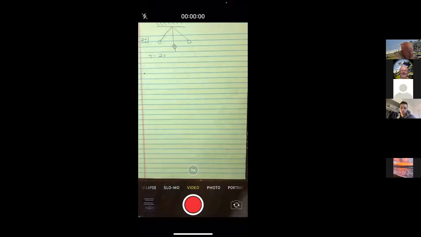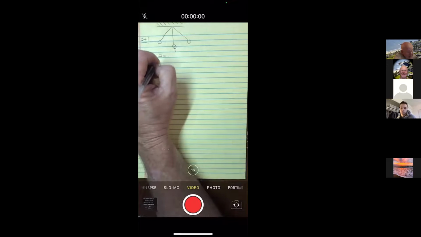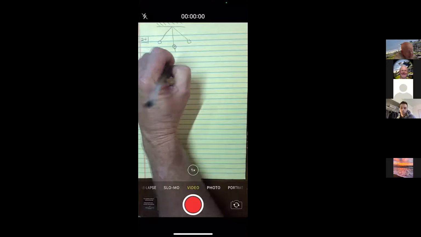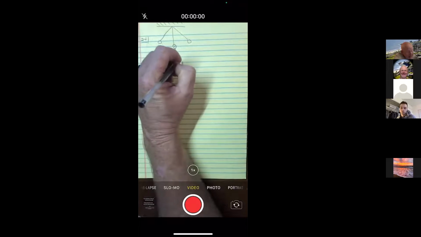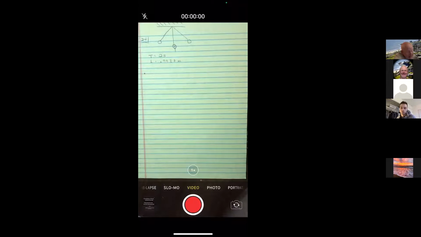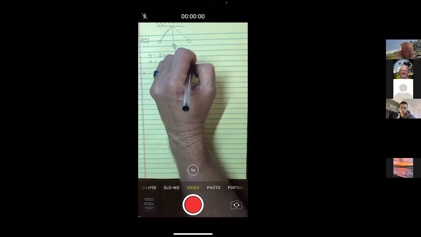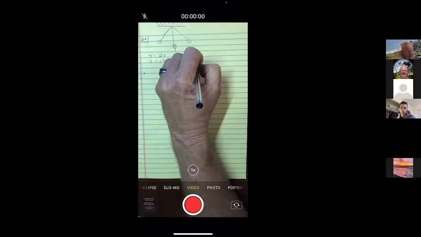Now, here it says the length of the seconds pendulum, L, equals 0.9927 meters in Tokyo, Japan. It's interesting. Not sure where this question's going.